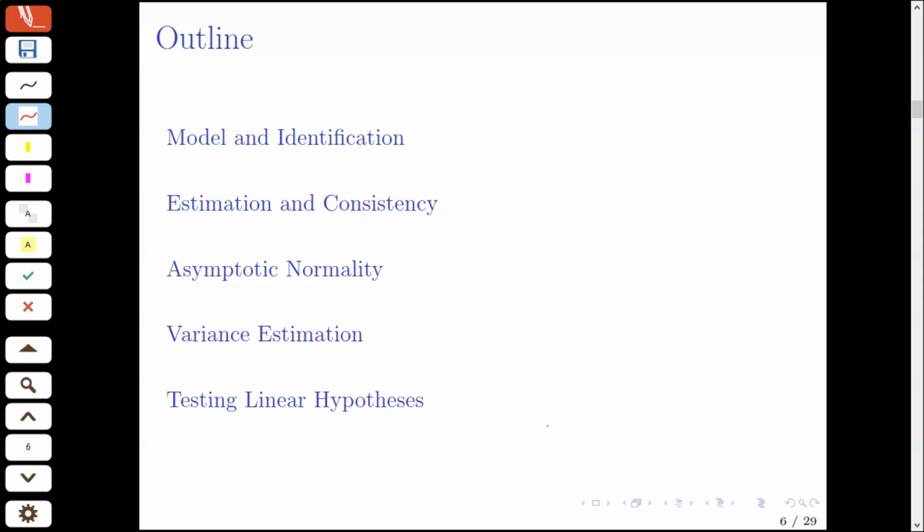Then we'll move on to talking about various components needed in order to do inference, and for that purpose we'll establish a result of asymptotic normality, and we'll talk about how to estimate the asymptotic variance, or approximate the variance, of the OLS estimator. And then I'll remind you of a tool called the Wald test, which is very useful for testing linear hypotheses.